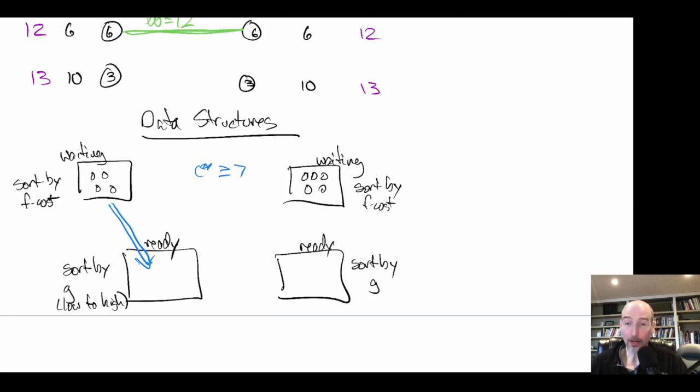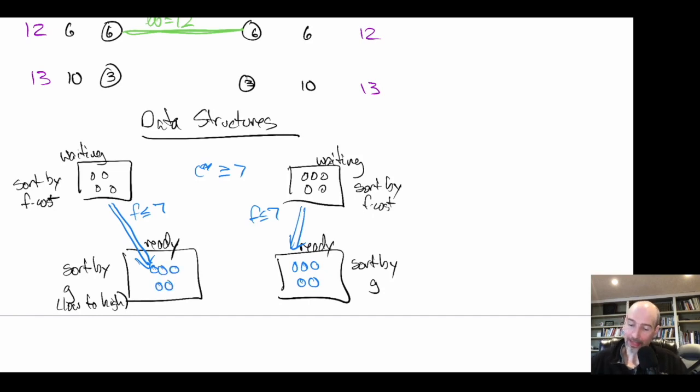And so 7 is my current lower bound on the f cost. And so what I'm going to do here is take all states which have f less than or equal to 7, and I can put them onto the ready list. So f less than or equal to 7, they're going to go down onto here, and I'm going to get a bunch of states that come down onto here.